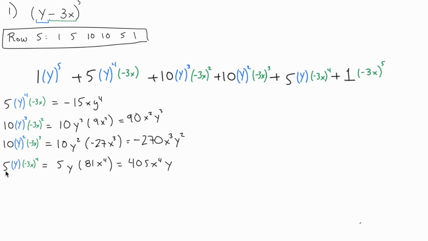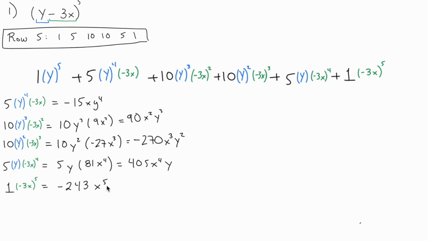So this turns into 5y times 81 x fourth. And if I multiply 5 times 81, that is 405 x fourth y. And the last term, I just need to do negative 3 to the power of 5 x fifth, and negative 3 to the power of 5 is negative 243 x fifth.